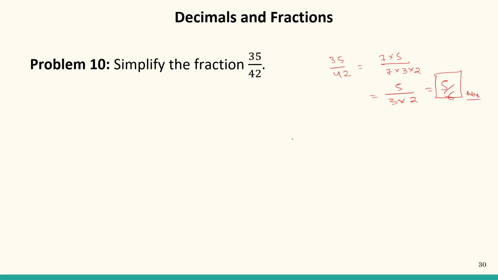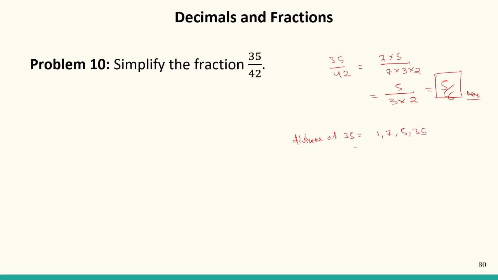So let's see it by the GCD method. Let's find out the divisors of 35. Divisors of 35 is equal to 1, 7, 5, 35.